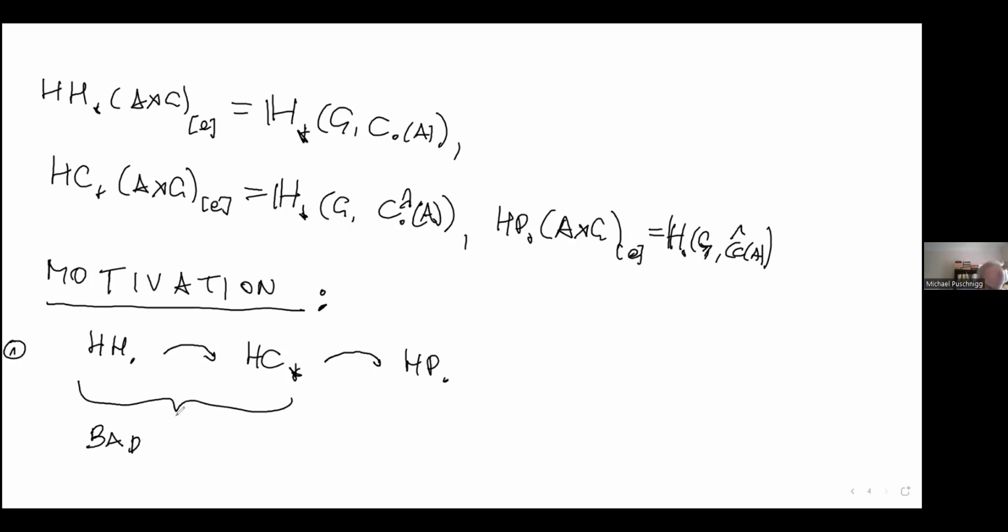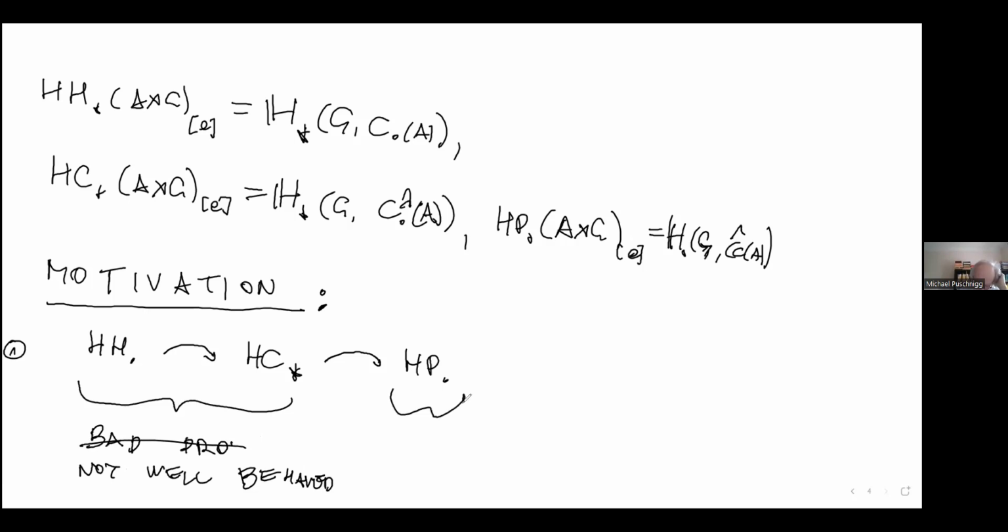They are not well behaved, as bad as algebraic K-theory.